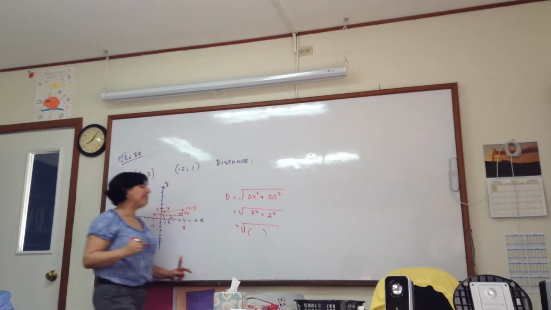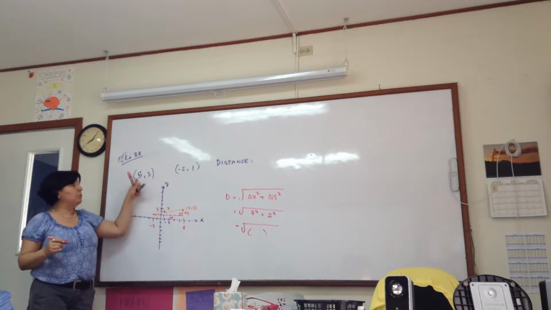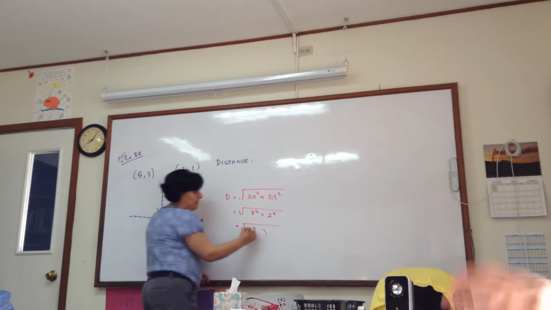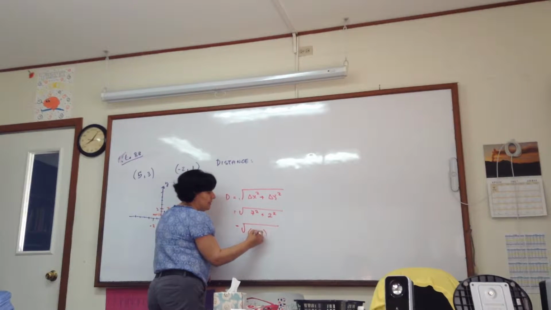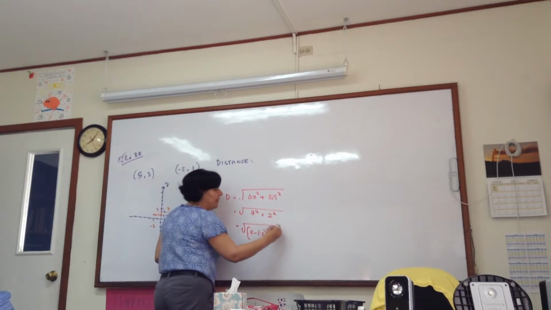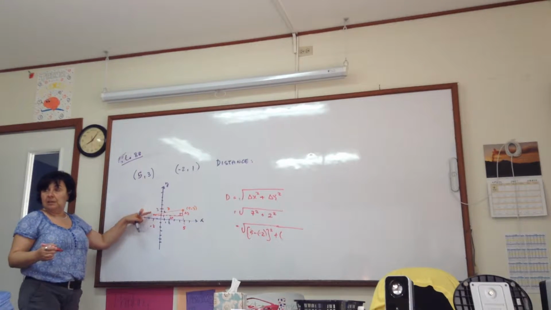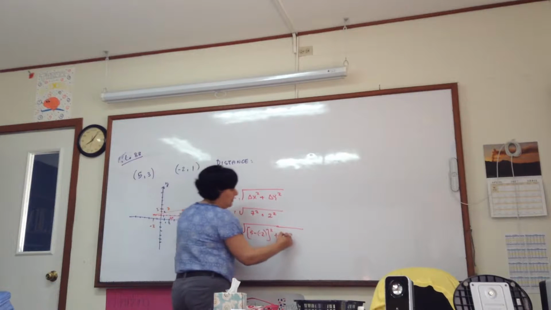So, how do I get that 7 if I can't count? It would be this 5 minus minus 2, the minus 2, correct? Squared. And this one would be the 3 minus the 1 squared.